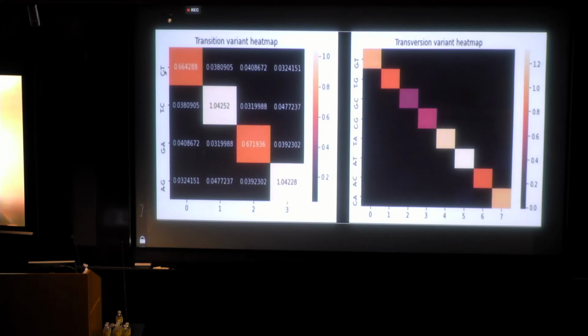So in this case, CT's strongest correlation was to TC, and then TC to CT, and then GA, AG, and then AG and GA. But when I reviewed the other base pairs, they generally had the same correlation. That also showed in the transversion variant heat map, where for other base pairs the correlation wasn't as strong.